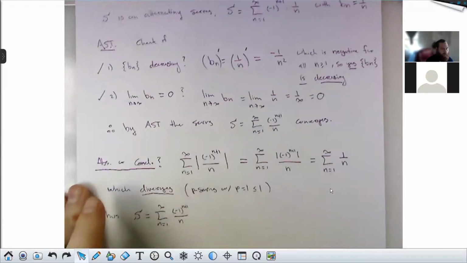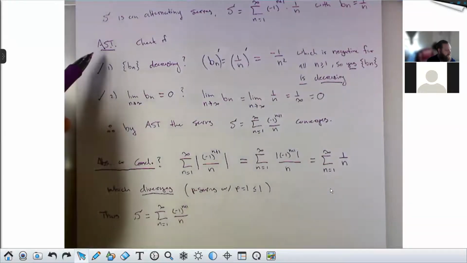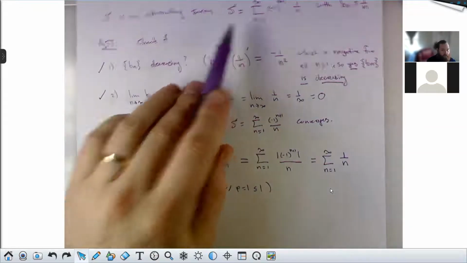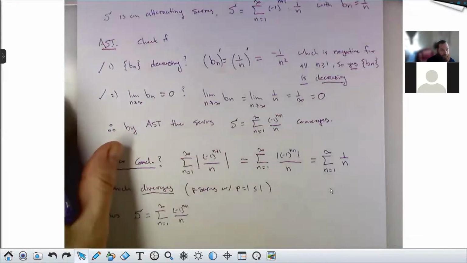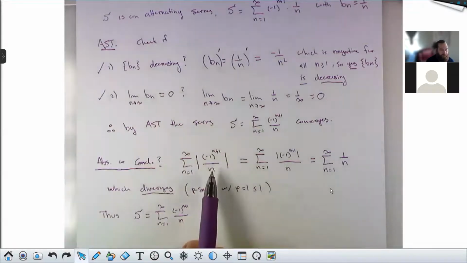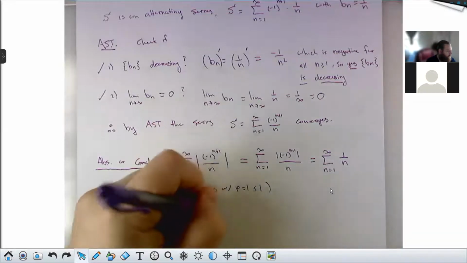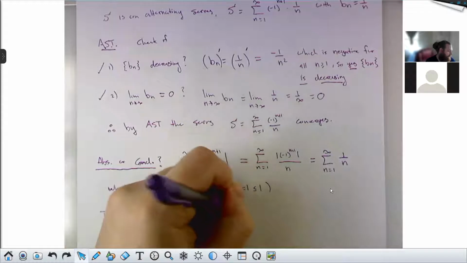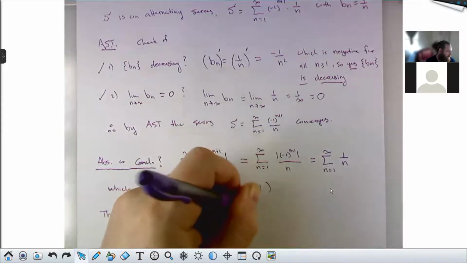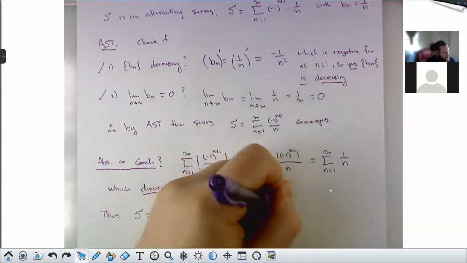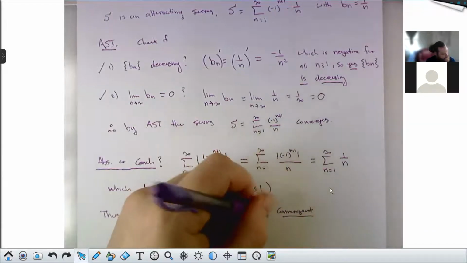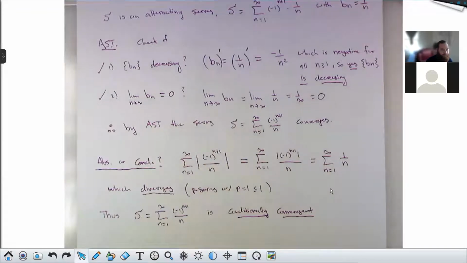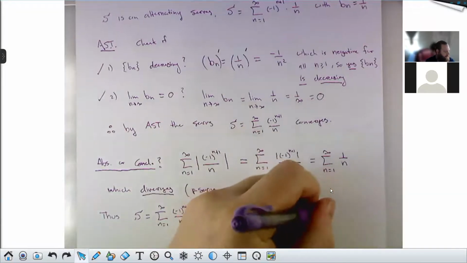On the one hand, we were able to use AST to show that the original series S is convergent, right? Series S converges by AST. On the other hand, when you take absolute values inside, you get the regular harmonic series, which is divergent. So this original series is conditionally convergent. And that's the final answer for this first guy.